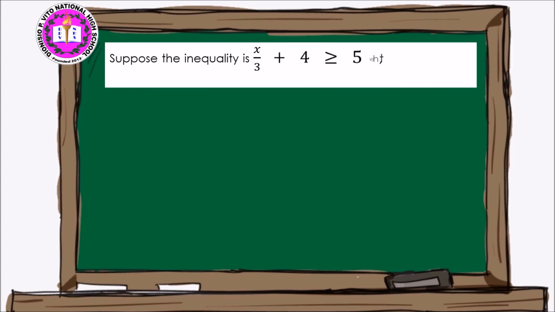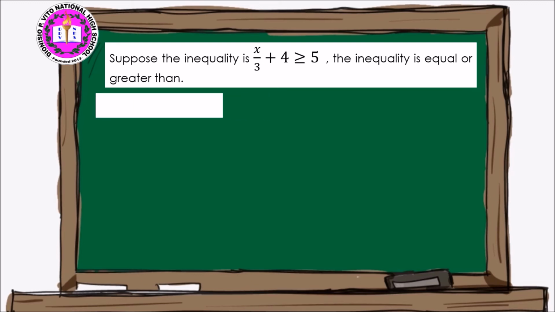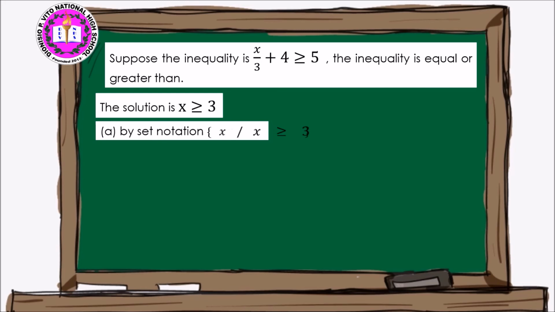Suppose the inequality is x over 3 plus 4, which is greater than or equal to 5. The inequality is equal or greater than. So the solution is x, which is greater than or equal to 3. So by set notation, we have x such that x is greater than or equal to 3.